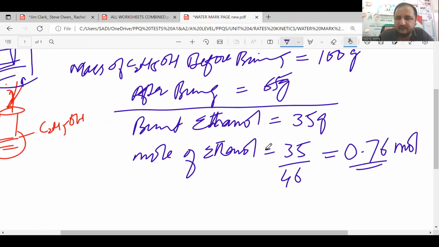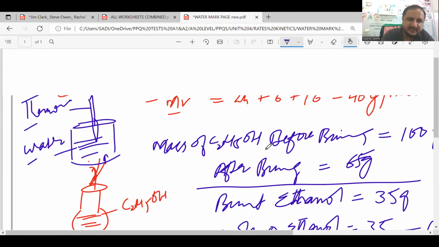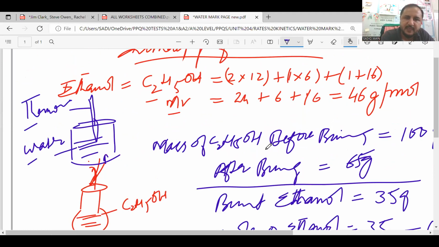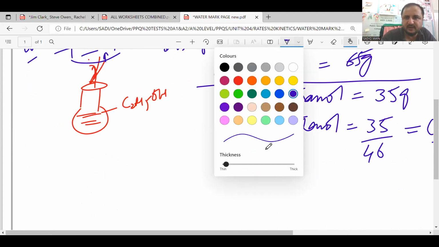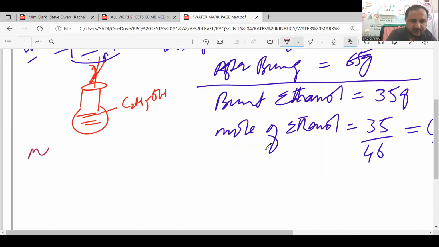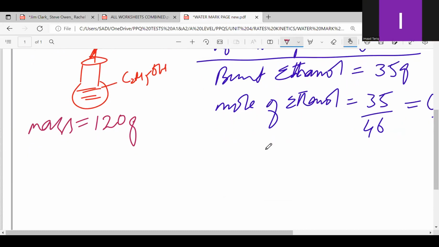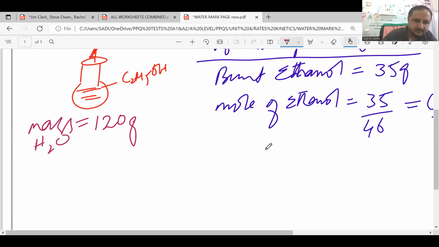Keep that in mind. Now this 0.76 moles of ethanol is converted into heat energy, and that heat energy is taken by water. Okay, so now I'm going to change the color and I'm giving you the information about water. So the mass of water, how much water did you take? I'm just assuming that you have taken 120 grams of water. This is the mass of water which you have taken in the beaker.